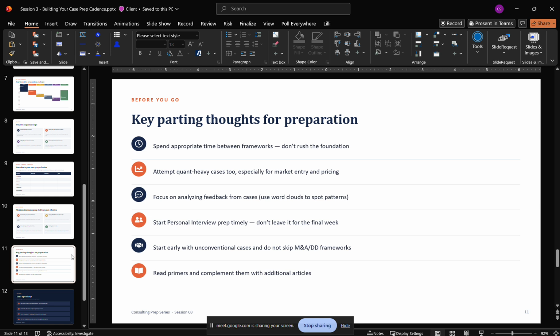Similarly, pricing cases generally ask the candidates to run through numbers and come to a logical conclusion. So, if you want to specifically work on quant heavy cases, you can focus on market entry and pricing. But irrespective, the three difficulty levels will give you enough examples to work through in every case.